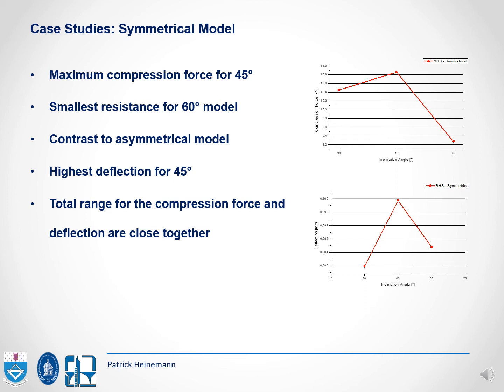The smallest resistance is for the 60-degree model, and it's a little bit in contrast to the results of the asymmetrical analysis, which I will present in some minutes. The highest deflection is for the 45-degree model, but the total range of the results is very close together.